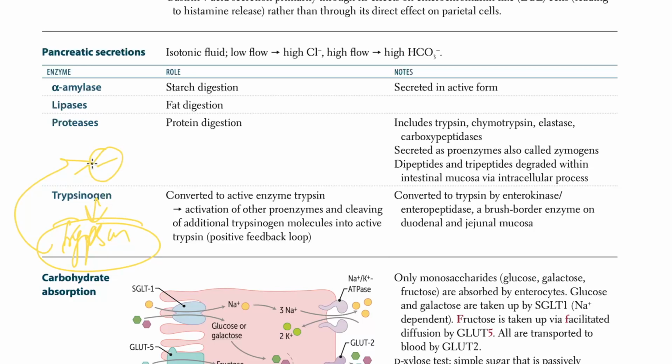So normally trypsin inhibits trypsin. Although they have mentioned the positive feedback, there's also a negative feedback on it, that trypsin will inhibit itself also. But most importantly, you have the SNR cells.